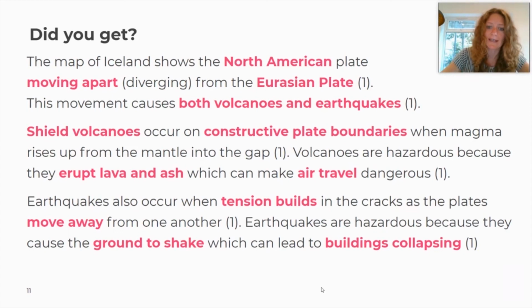So we've got to link it to the fact that this could cause buildings to collapse. Now, I appreciate that was a tricky question. You have worked mega hard today. Well done for getting that done. The key takeaway, constructive plate margins move apart, and there are earthquakes and volcanoes that occur on that margin.